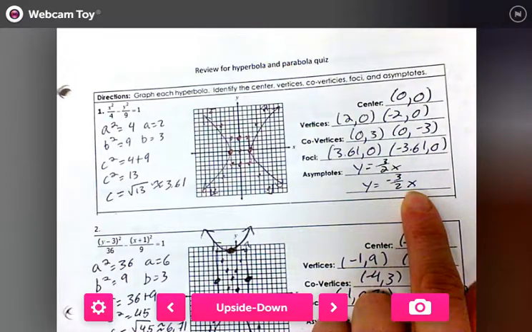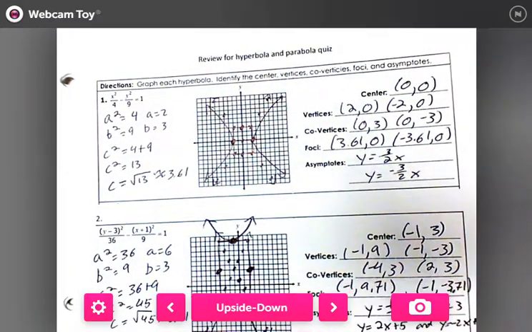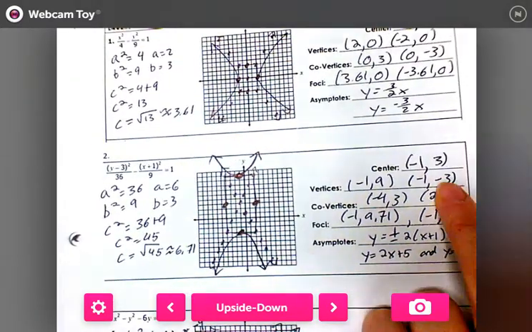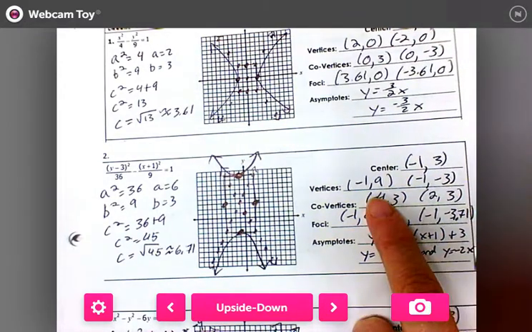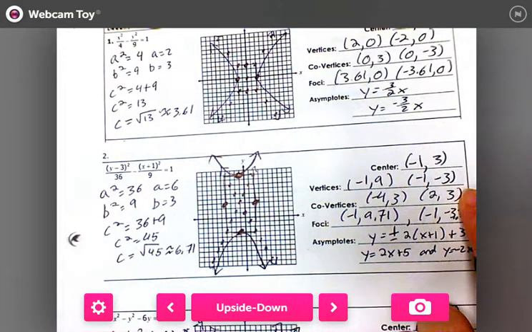Okay, questions? Number 2, center is negative 1, 3. Vertices are negative 1, 9 and negative 1, negative 3.